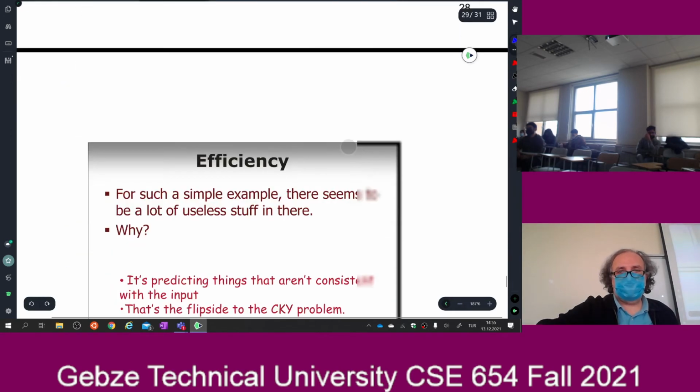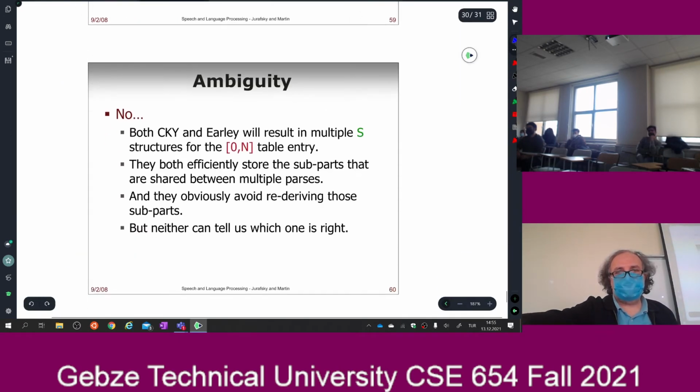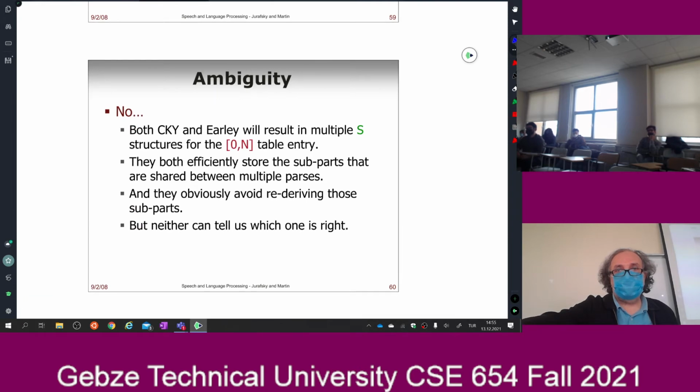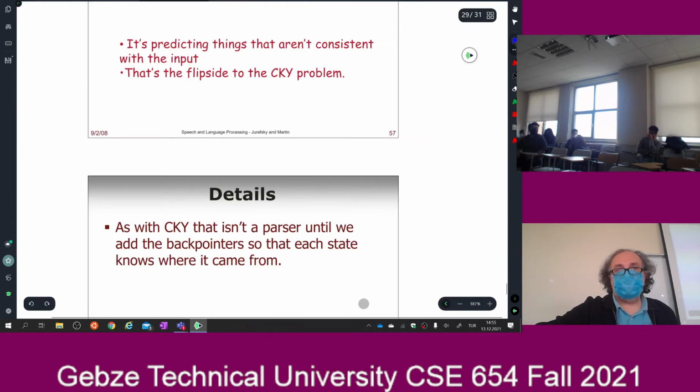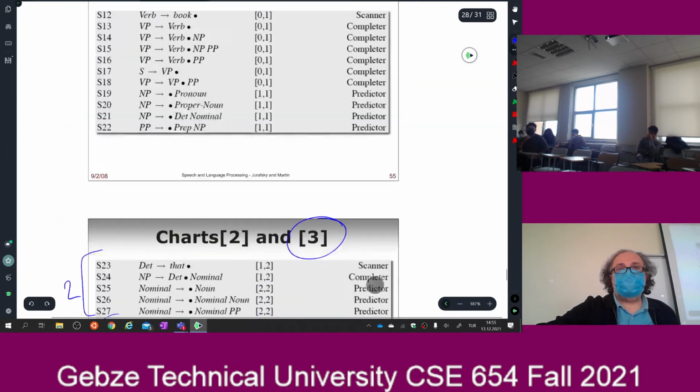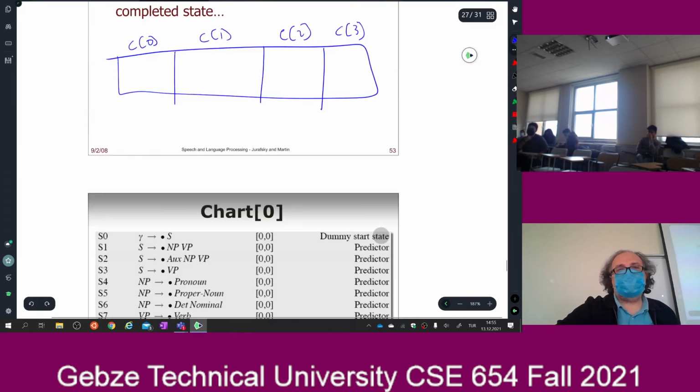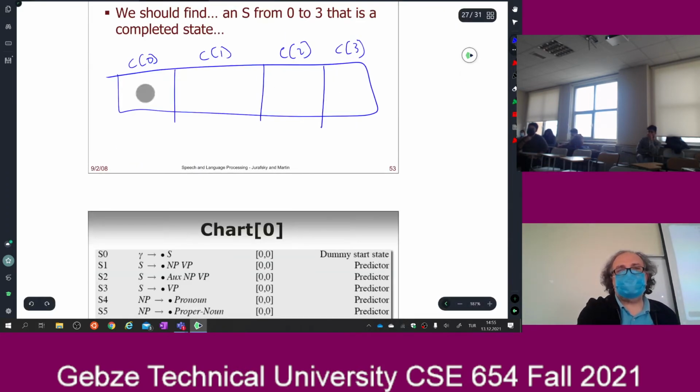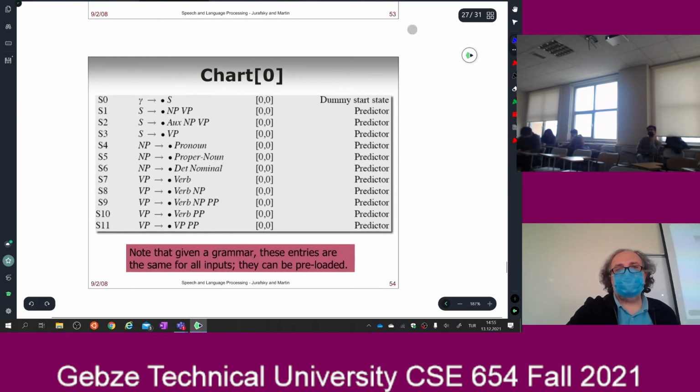Is there any visualization for this algorithm, like the CKY one? Well, this is the whole visualization: 0, 1, 2, 3, chart series, these are all the states.